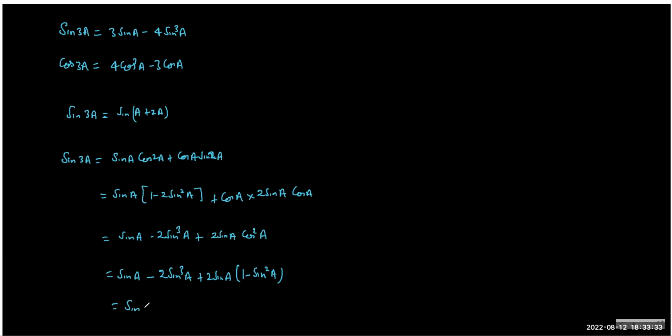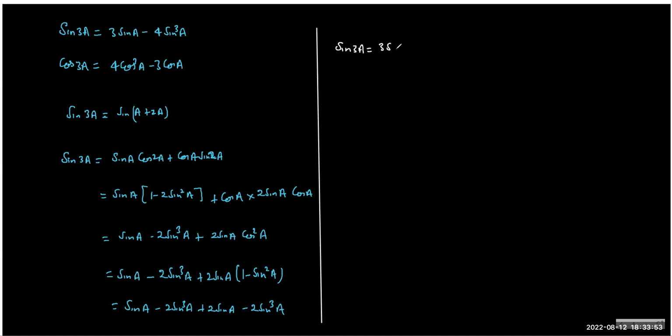So now you can see sine A minus 2 sine cube A plus 2 sine A minus 2 sine cube A. Oh, so we are done. Not very difficult, just manipulation. So sine of 3A turns out to be how much? 3 sine A minus 4 sine cube A. So you have to do this manipulation.